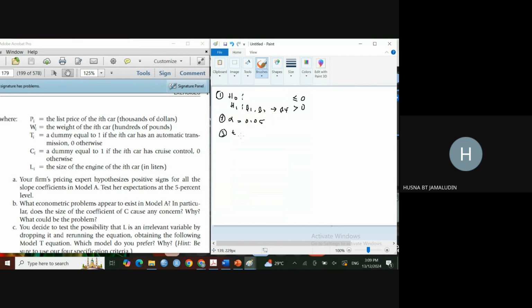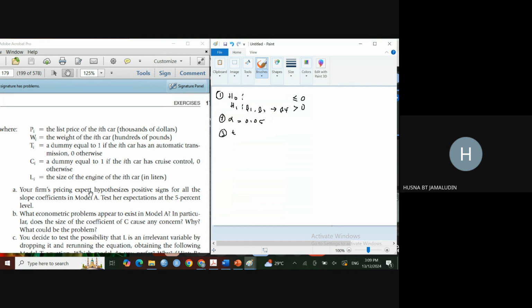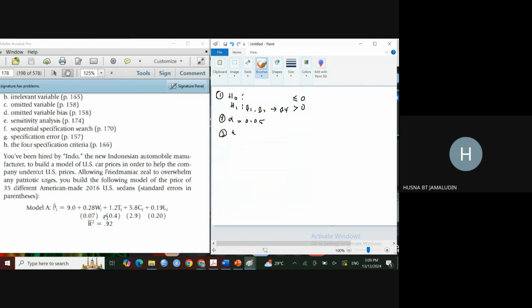I'm assuming that you know how to find the t, even though the equation doesn't give you the test statistic. You take the value of your expected beta divided by the standard error of the beta. So you will get an individual t statistic for each of the variables. You can just do this for all 4 variables. I will not do it because it will be a long working.